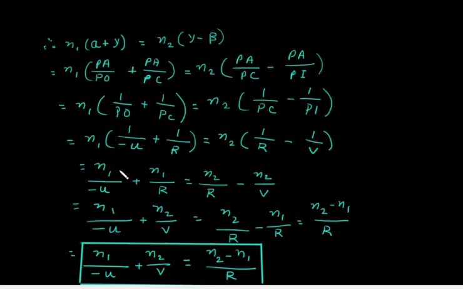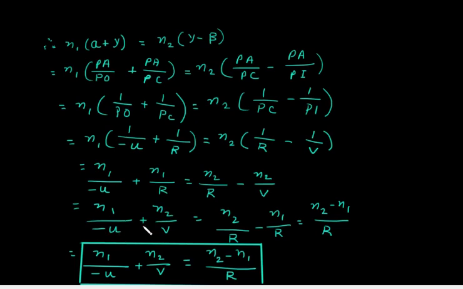This can be written as N1 by negative U plus N1 by R is equal to N2 by R minus N2 by V. Let us bring these two quantities to the same side because the denominator is the same.